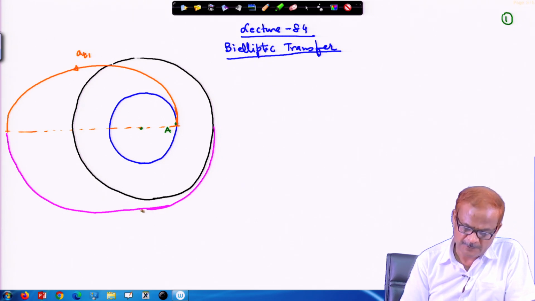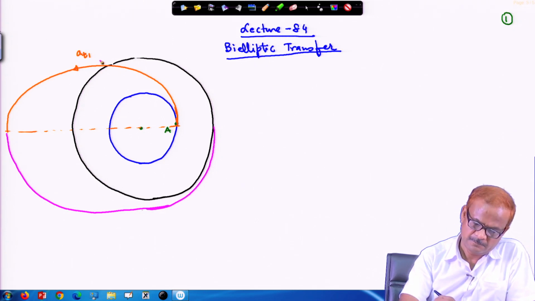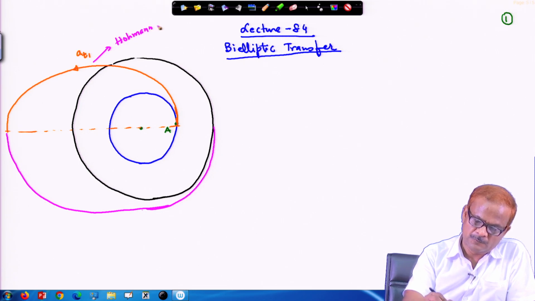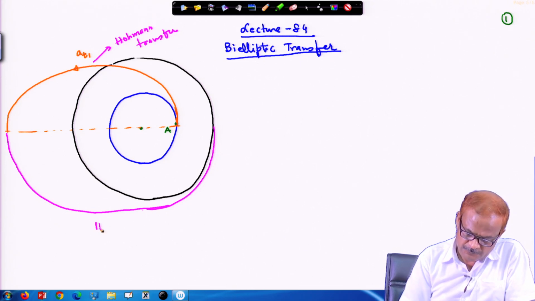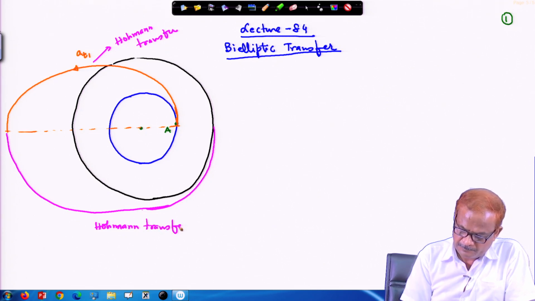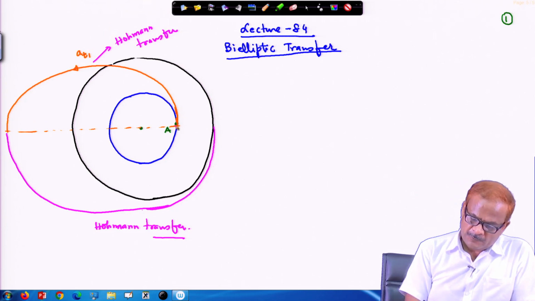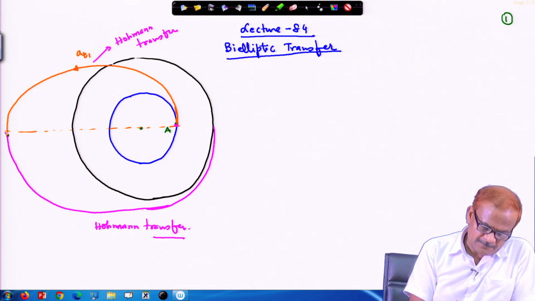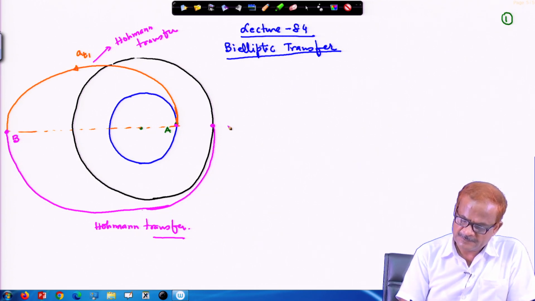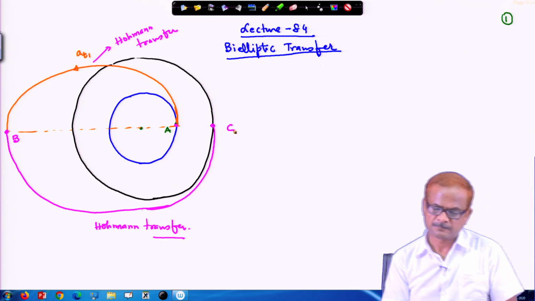So, this is also a Hohmann transfer, and this is also a Hohmann transfer. First impulse is applied at A, the next impulse will be applied at B, and the last impulse will be applied at C.